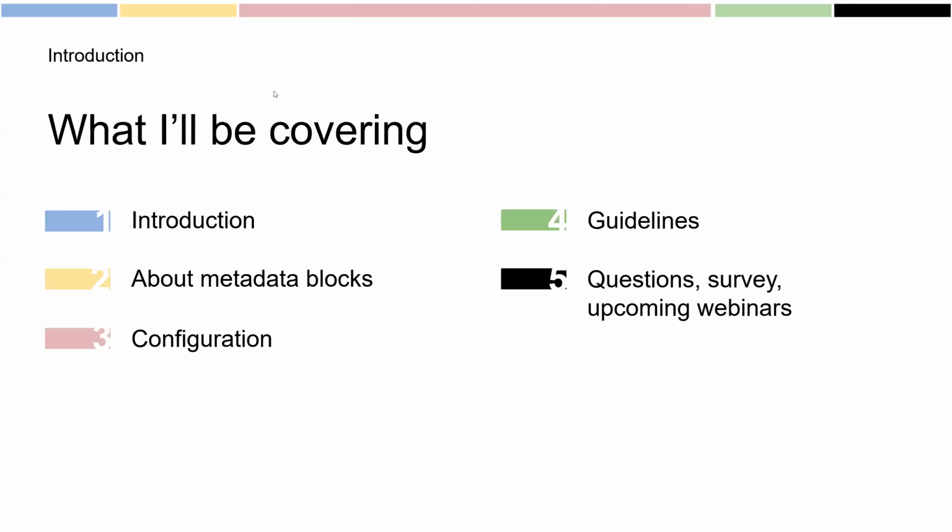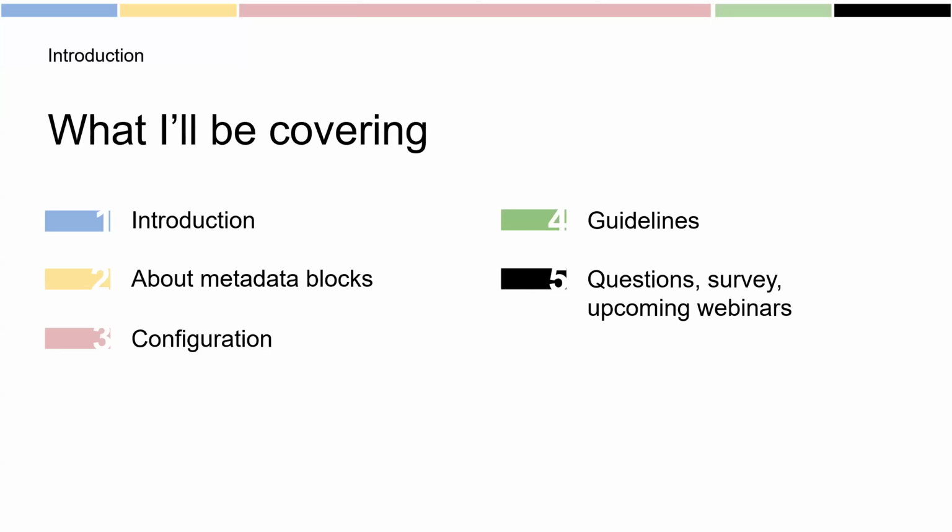So I'll be covering, this is part of the introduction. We'll be talking a bit about metadata blocks. I am assuming that you have some kind of familiarity with Dataverse, or you might be in the process of learning. I won't go into too much of the metadata blocks from the perspective of researchers and support staff like curators, but the first session in this series about metadata and Dataverse repositories goes over that.